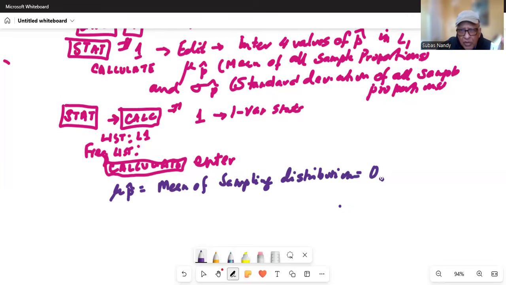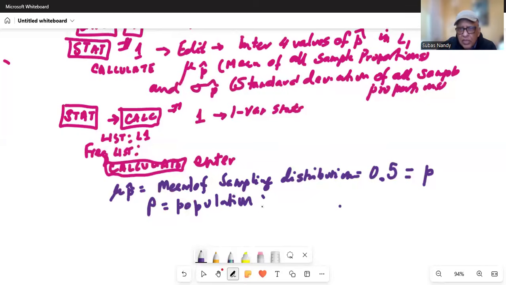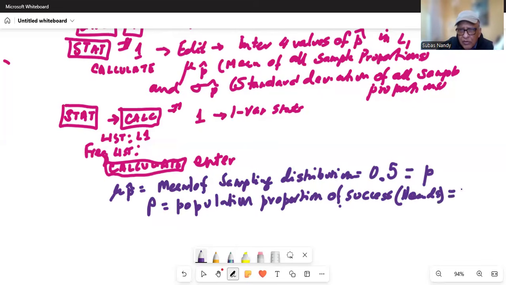This is equal to the population proportion of success. What is p? P is the population proportion of success, which in the long run you expect to be 50% heads. The proportion of success, in this case heads, is also 0.5.